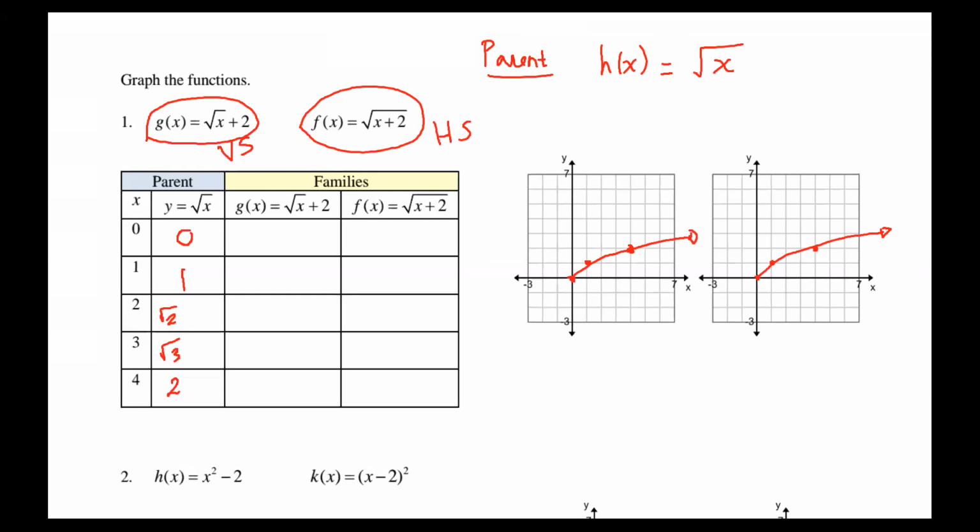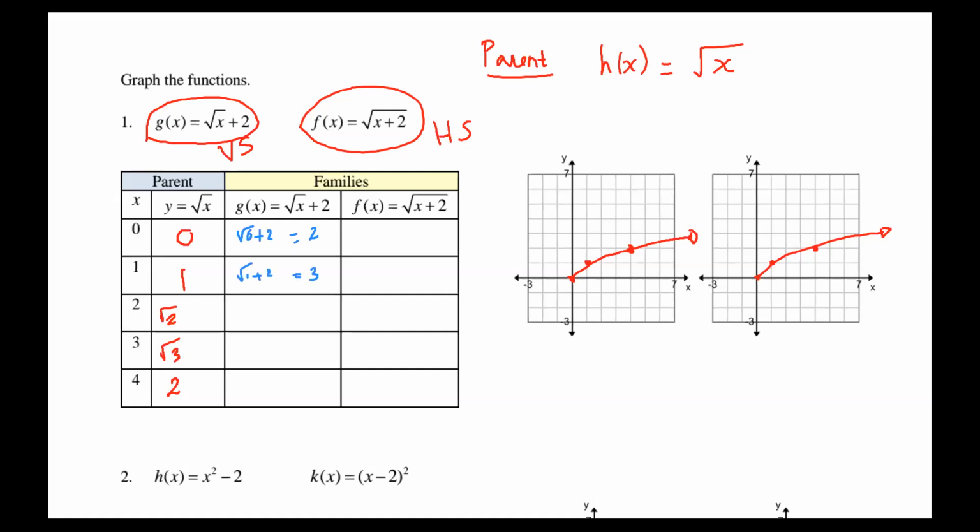So next I'm going to graph the second one. So put 0 here. So 0, square root of 0 plus 2, which is going to be just 2. Then square root of 1 plus 2 is going to be 3.